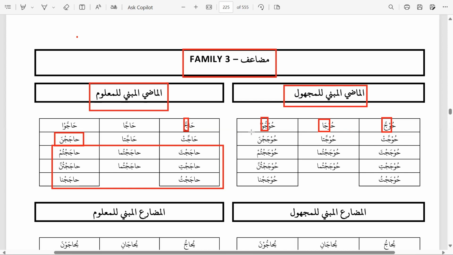Hujajna, hujajna. Then the rest follows the same. Anta hujajta, antuma hujajtuma, antum hujajtum, anti hujajti, antuma hujajtuma, antunna hujajtunna, ana hujajtu, nahnu hujajna. So the rest is the same. This was the first principle which applies on past tense.